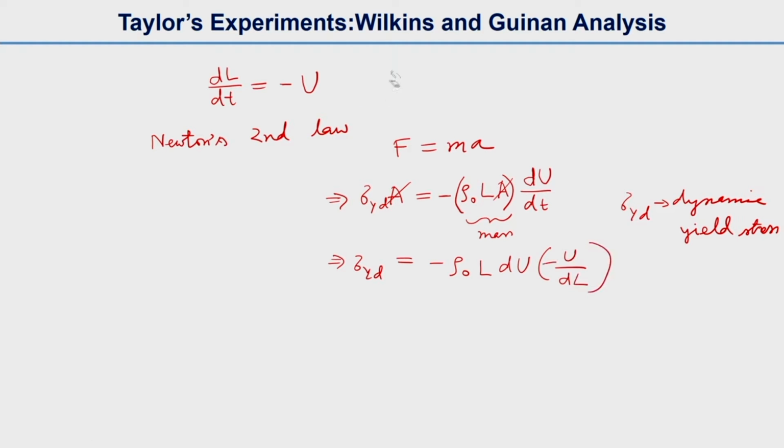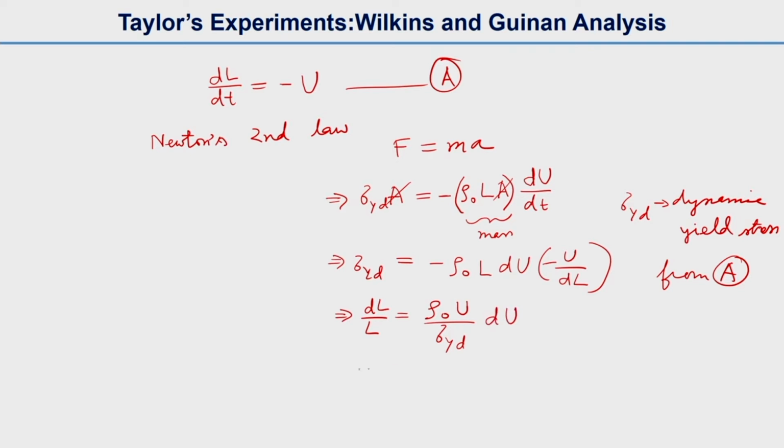So, from A, this we can rearrange as dL by L equals rho naught sigma yd du.